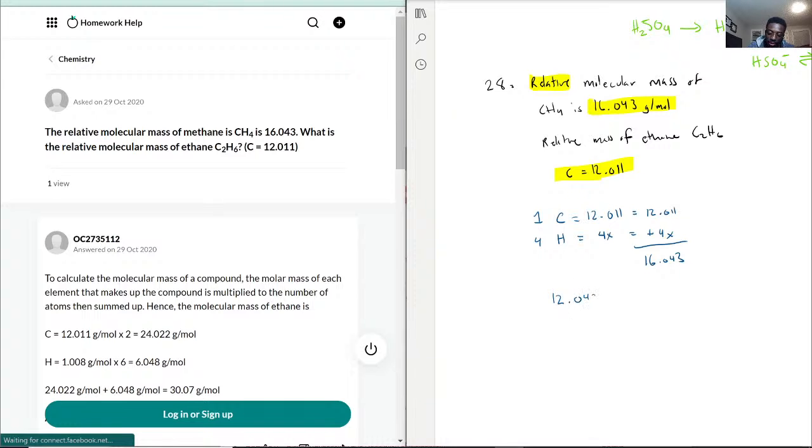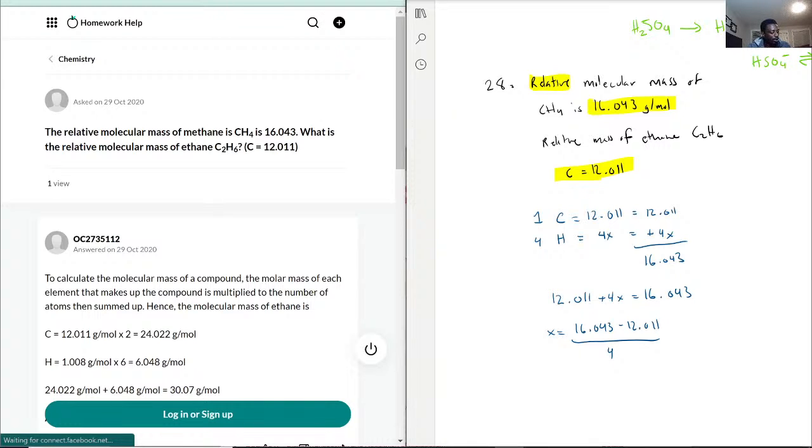So 12.011 plus 4x is equal to 16.043. So 4x is equal to 16.043 minus 12.011, and then we divide all that by 4.